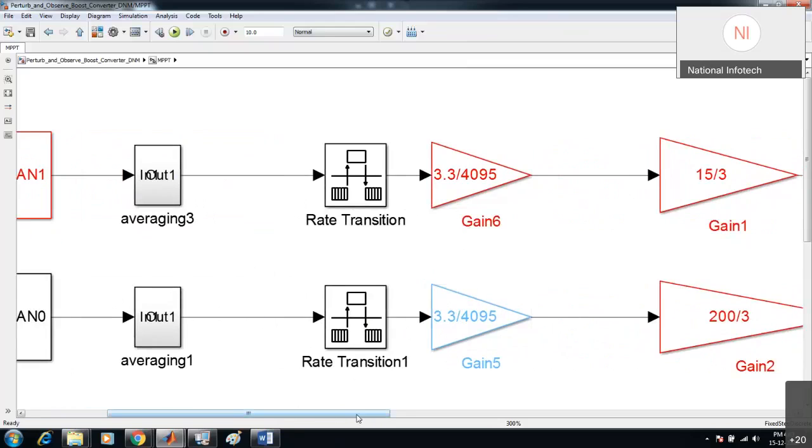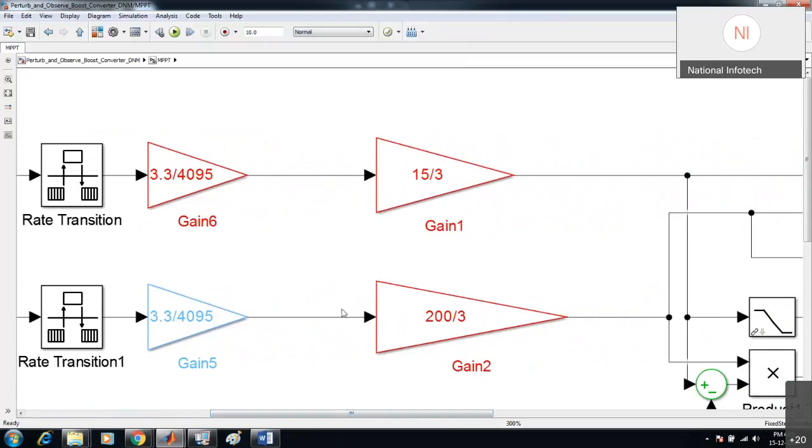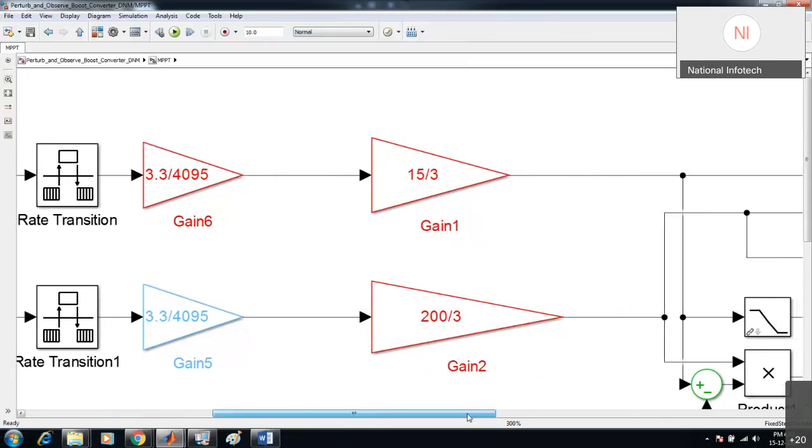This voltage is then converted into the actual voltage range with the calibration factor 200 by 3, so whenever the sensor is giving 3 volts, the controller will understand that it is 200 volts.